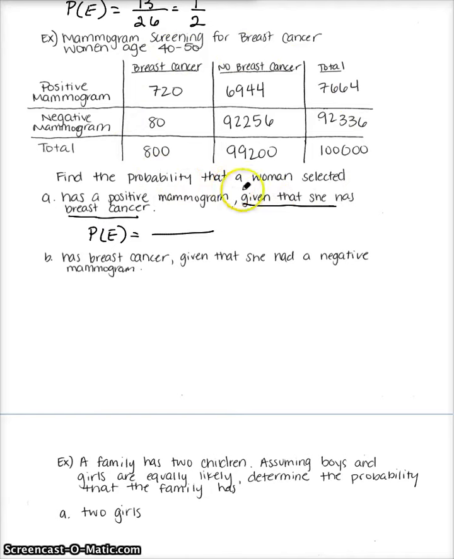From this table, the number of women with breast cancer is 800. Now, of that, how many had a positive mammogram? 720. This simplifies to 9 over 10, or 0.90.